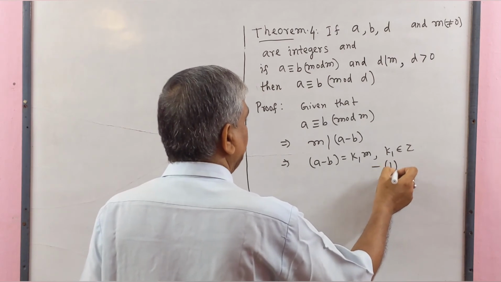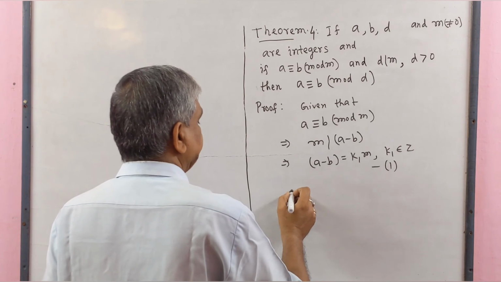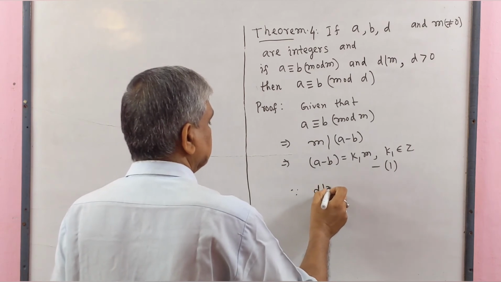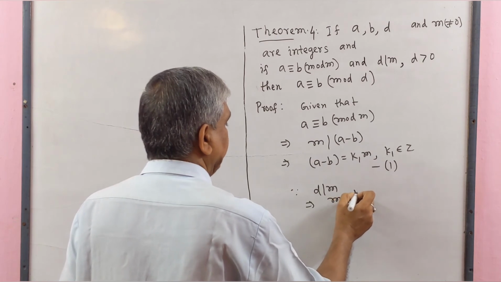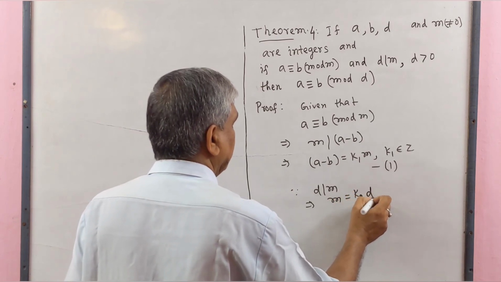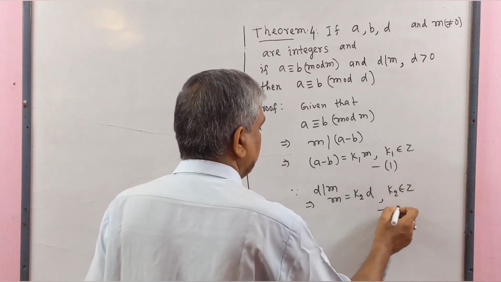Let this be number 1. Also given that d divides m implies that m equals an integer k2 d, where k2 is another integer. This is number 2.